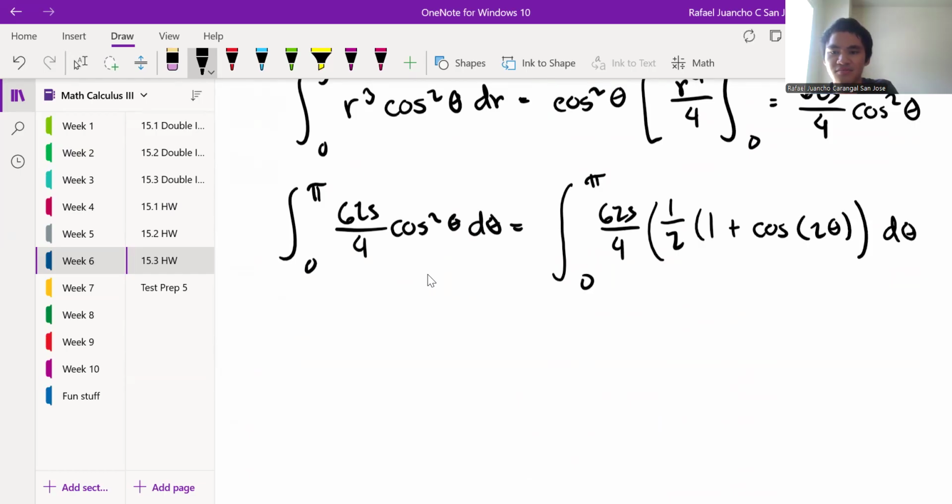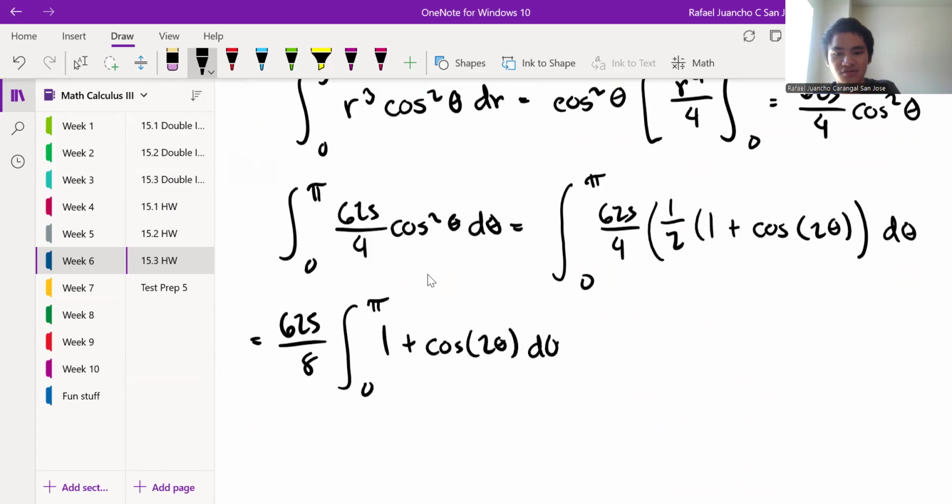Right, that's the whole idea there. And then we can start simplifying. I'm actually just going to take both of these out, because why bother? So this is 625 over 8, and then this is 1 plus this thing.